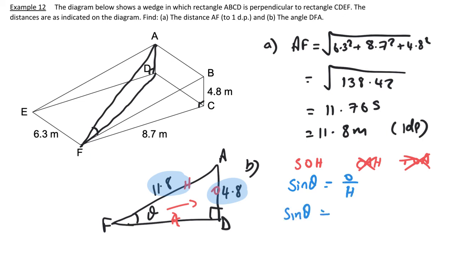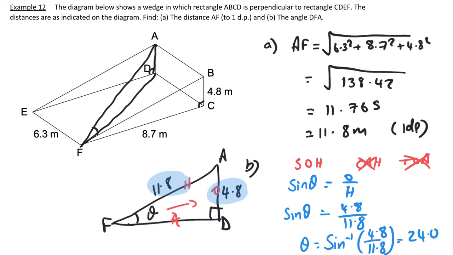So sine theta is 4.8 over 11.8. So theta is sine to the minus 1 of 4.8 over 11.8, making sure again that our calculator is in degrees mode, so it says a D or a DEG at the top. Putting that into our calculator, we get an angle of 24.0 degrees to 1 decimal place.